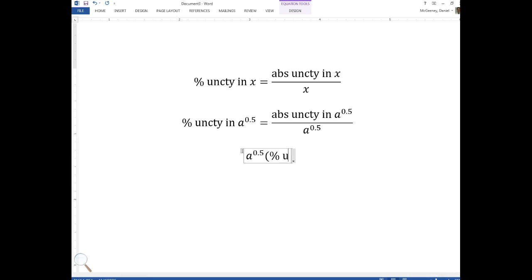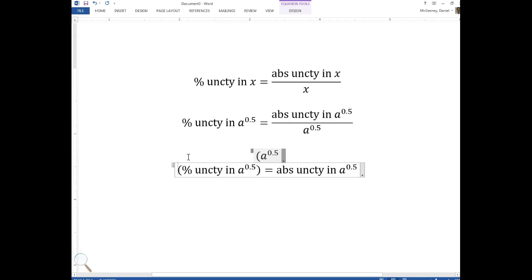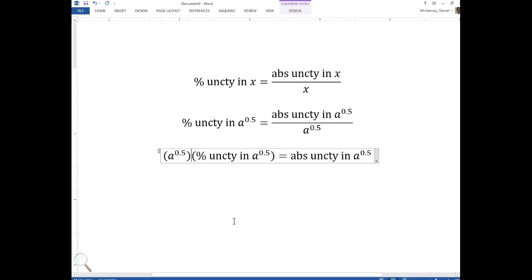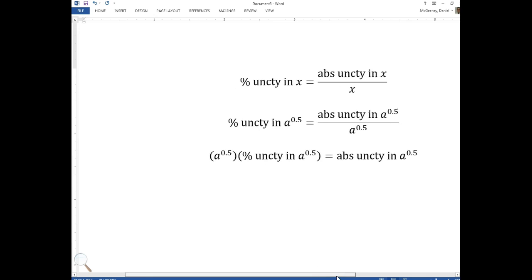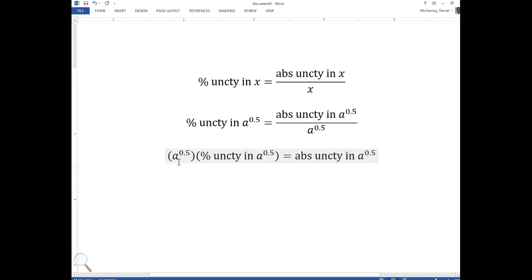And what do I have? I have this. So the absolute uncertainty is simply the value of a to the 0.5 times its percentage uncertainty. Do I know a to the 0.5? Do I know the percent uncertainty?